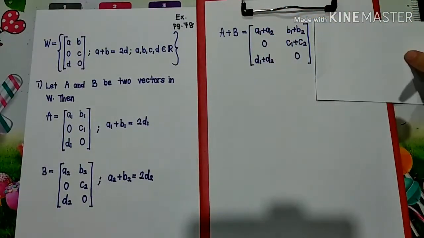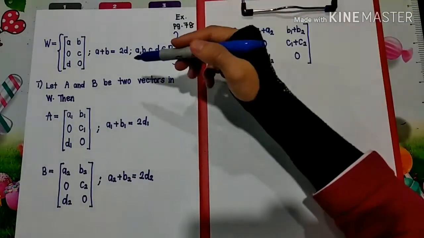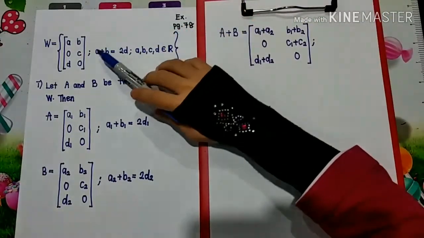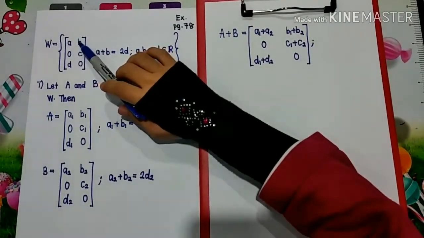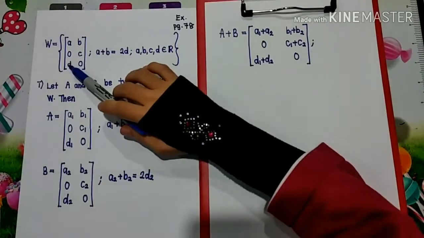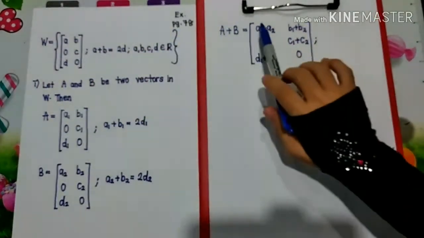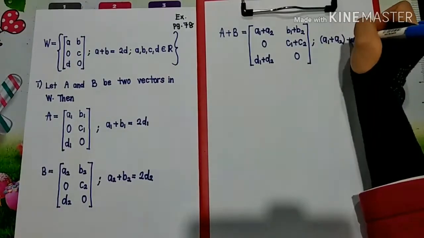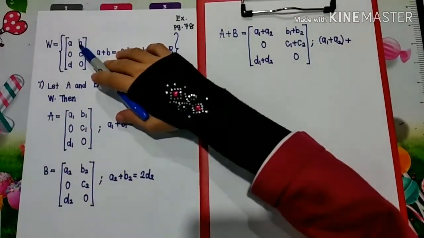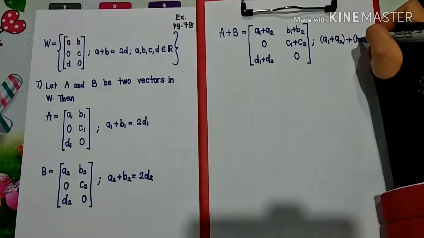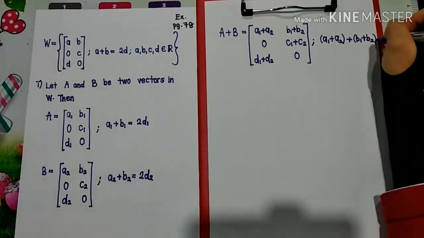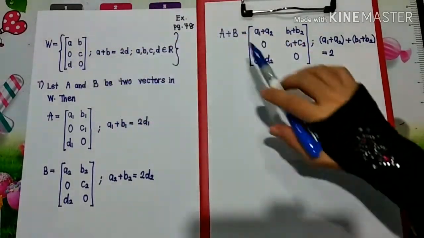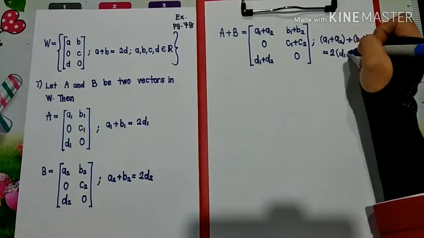Next, we come up with the condition. We refer to the original W. A plus B means the element here plus the element here equals 2 multiplied with the element in D. So the element here is A1 plus A2, plus B, the B entry, which is B1 plus B2, equals 2 multiplied with D, and the D entry is D1 plus D2.